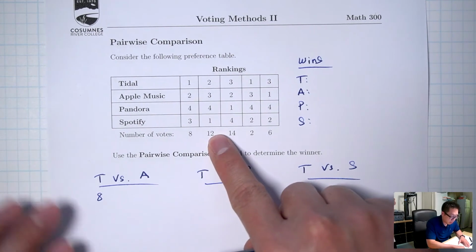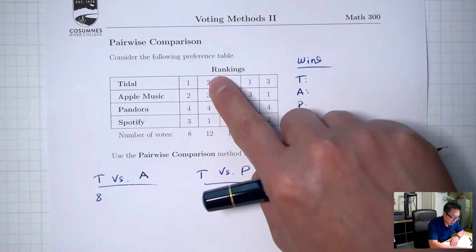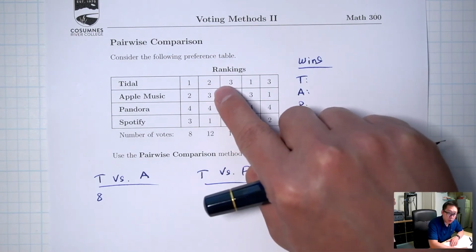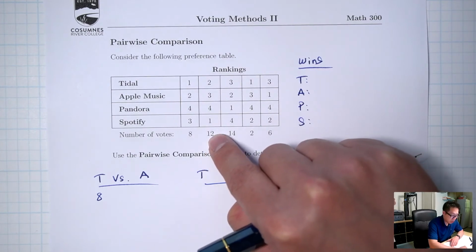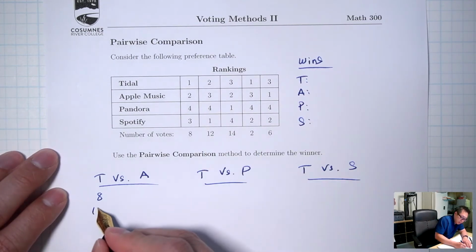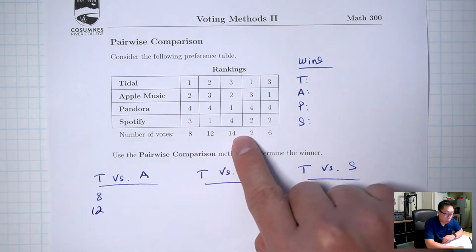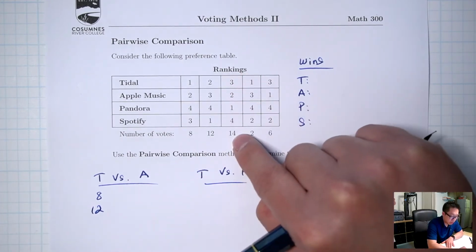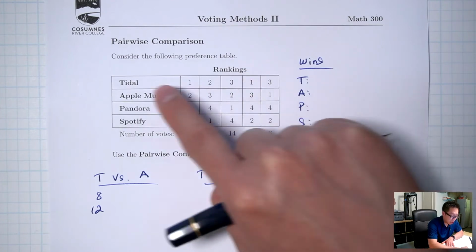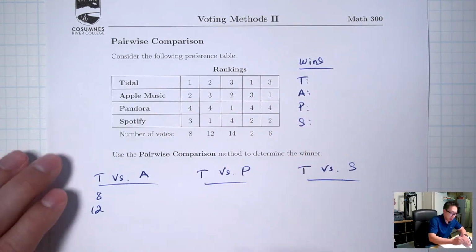Next up is 12. Tidal versus Apple, so this is 2 versus 3. Look for the lower rank, which is the 2. So these 12 people are all going to vote for Tidal. I'll put that under Tidal. Next up is 14. 14, 3 versus 2. These 14 people are going to prefer Apple, so I'll put 14 under Apple.